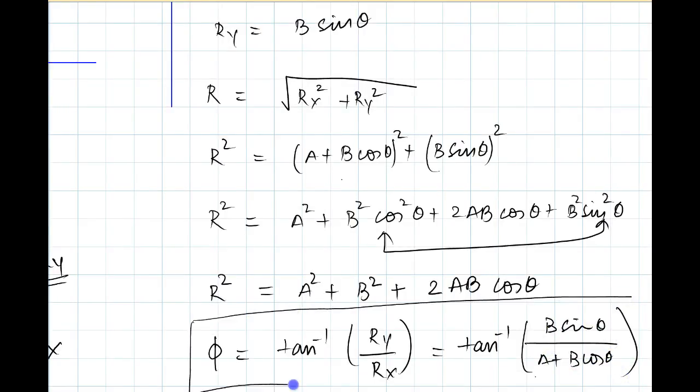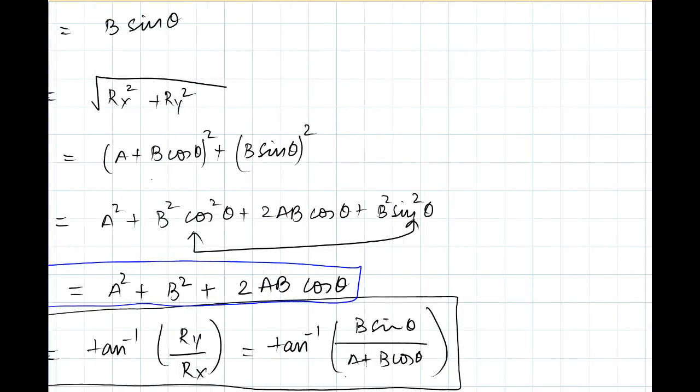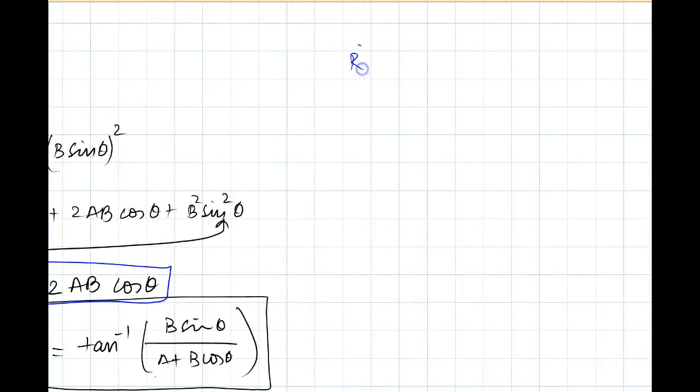In this question we did not need to find the angle that the resultant made with this. Our answer could have been gotten from using this. Let's try to use this and see. The square of the resultant must be equal to A square plus B square plus 2AB cos theta, where A and B are the magnitudes.